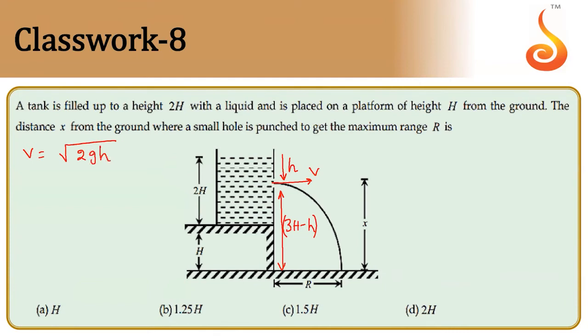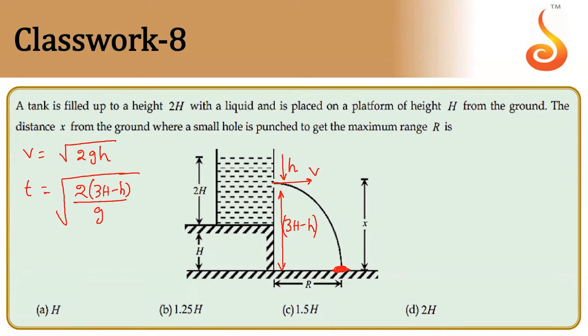Already I told you speed of efflux depends on depth, but time of flight depends on the height of the hole from the ground, the ground at which the water is striking. So time is root over 2 into (3h minus H) divided by g.